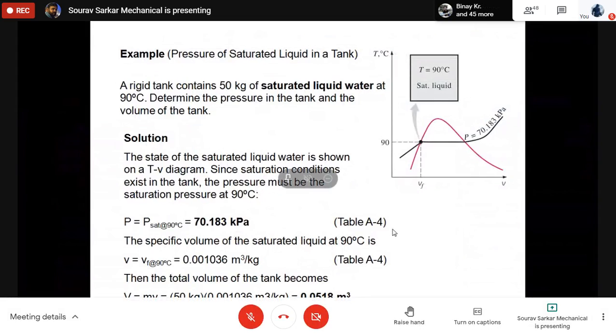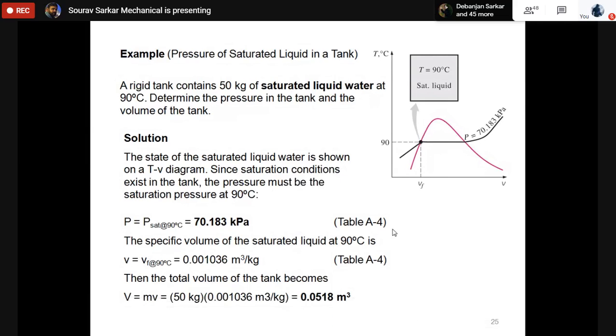So consider this question: a rigid tank contains 50 kg of saturated liquid water at 90 degrees Celsius. Determine the pressure in the tank and the volume of the tank. Can we determine this? What will be the pressure? Is it more than atmospheric or less than atmospheric?